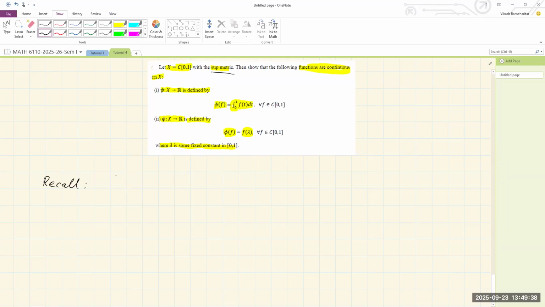So the supremum metric, the infinity metric, is given by d infinity of f comma g. That is just equal to the supremum over all function values where you subtract them.